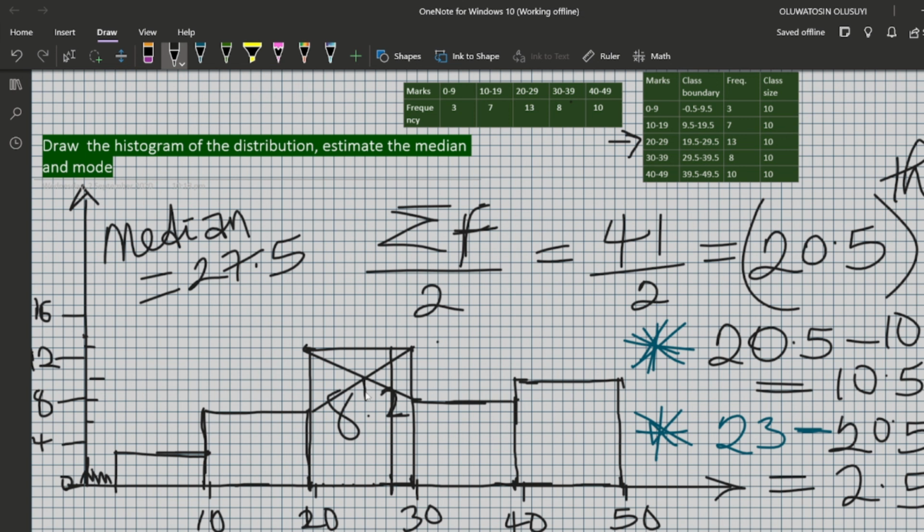Let me use a black line, a straight arrow. Trace this down. It's just a straight line down.